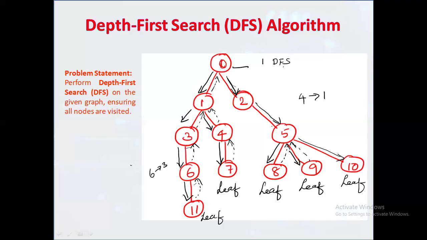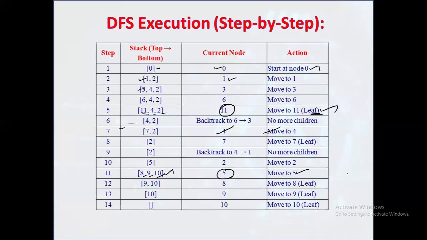From 0 to 2, 2 to 5, from 5 to 8. 8 is a leaf node. Backtracking to be done, and 5 to 9. Again, 9 is a leaf node, and from 9 to 5, 5 to 10. So here the algorithm stops. For this algorithm, this is the corresponding table. This table consists of the steps to be followed.